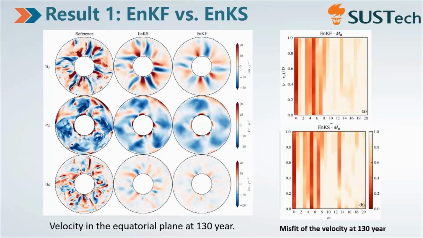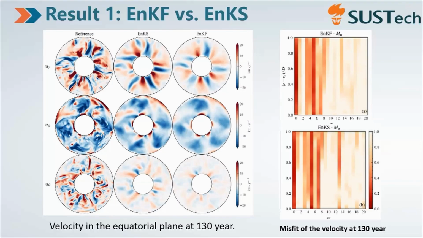So those are some results. The first is the comparison of the ENKF and the ENKS. That's the flow reconstructed after the 130 years of assimilation. On the left is the reference state, and in the middle are ENKS and ENKF.